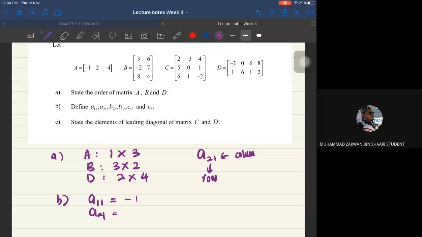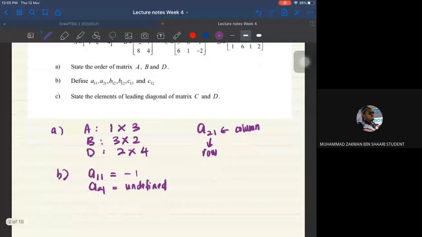Okay. So if you refer to the matrix A here, dia hanya ada 1 row sahaja. Dia ada 3 column. Okay. So A21 is undefined, does not exist. Okay. Awak kena tahu baca element of the matrix. Sebab nanti when you involved with operation of the matrices, you might need to know the element of the matrix.